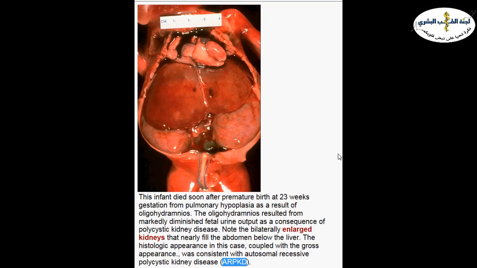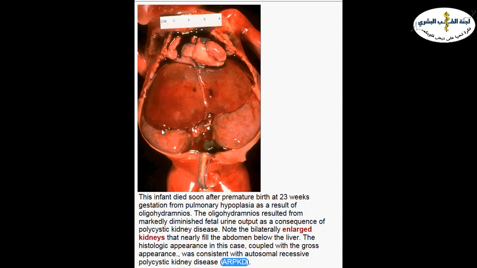If you look at this newborn, the kidneys are massively enlarged, bilateral, and we don't see the cysts here from the outside, but if you do cut sectioning of the kidney surface, you will be able to appreciate the multiple numerous renal cysts.